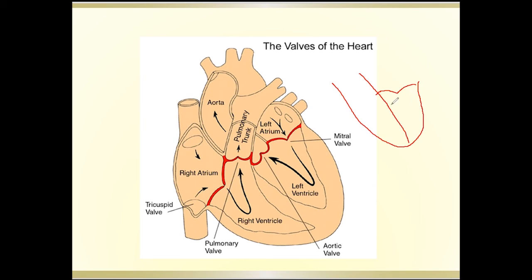With some sickness or illness, the valves can't close. They have space between the valves, which means with heart contractions some blood can flow back. Certainly some blood still goes to the aorta.